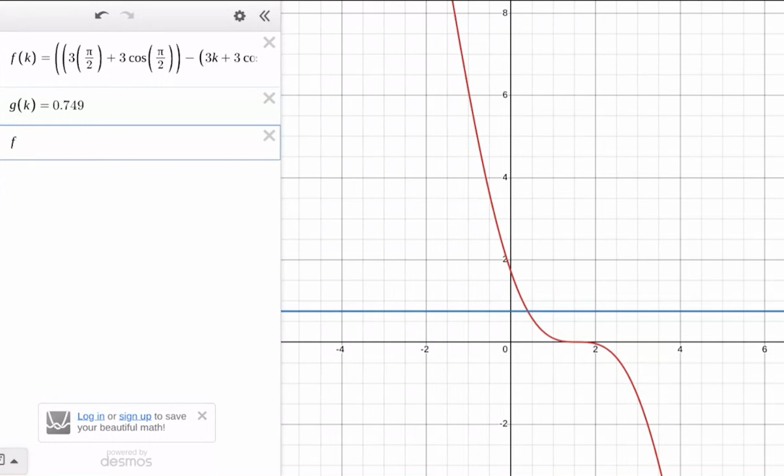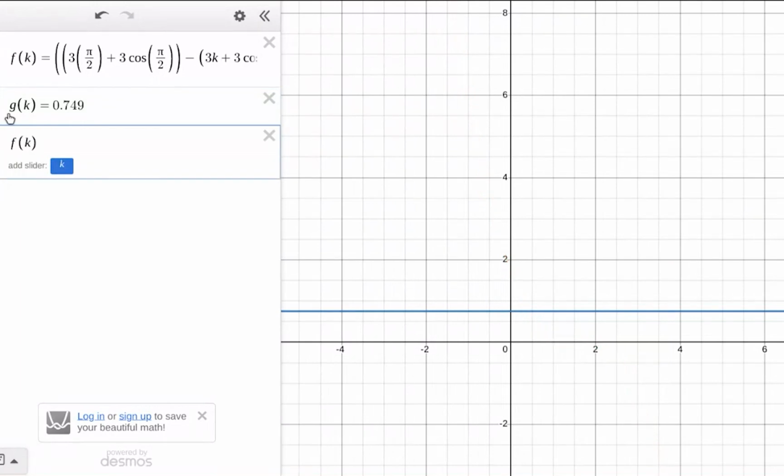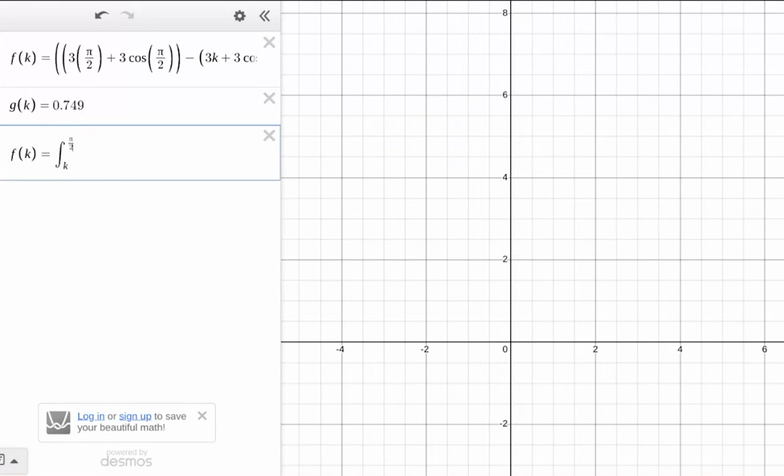So if I do f of k, let's get rid of these. We already know what our answer is going to be, so we'll know if we did it right. So f of k equals the integral from k to pi over 2 of, what was it again? 3 minus 3 sine x dx.